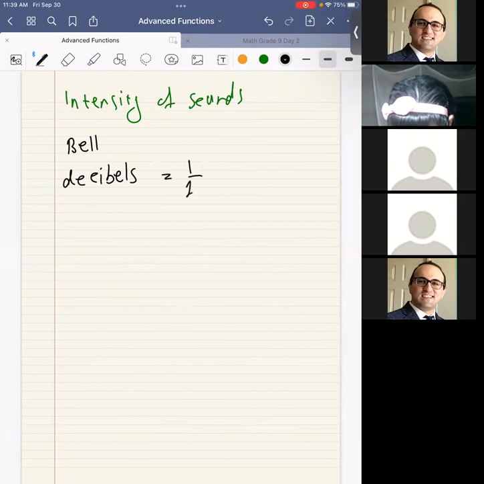That means 1/10 of a bell, to measure the intensity of a sound.